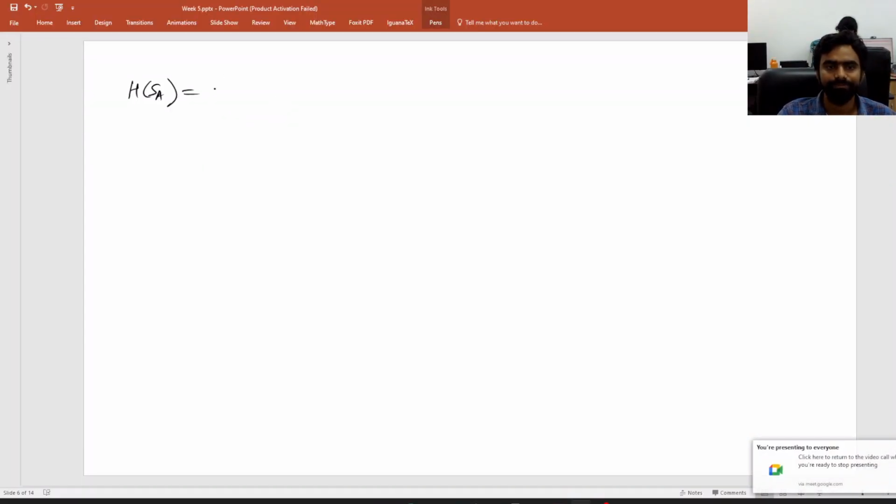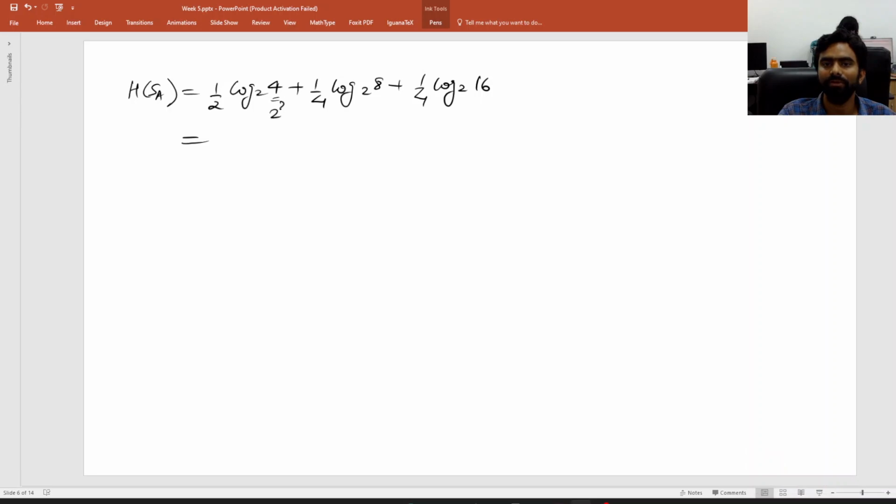So it would be 1 by 2 log 2 of 4 plus 1 by 4 log 2 of 8 plus 1 by 4 log 2 of 16. This will be written as 2 raised to 2, this as 2 raised to 3, and this as 2 raised to 4.